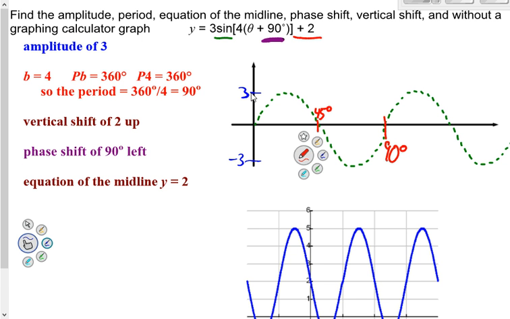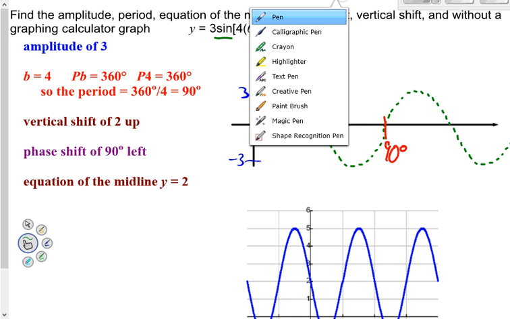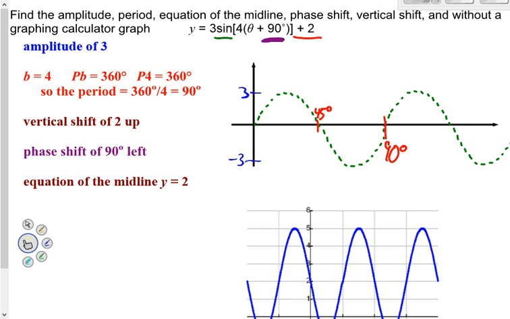Well, just because I put the tick marks on afterwards, all I have to do now is the phase shift and any vertical shift. As I look at the problem at this point, I realize that my period is 90 degrees and my phase shift is 90 degrees.